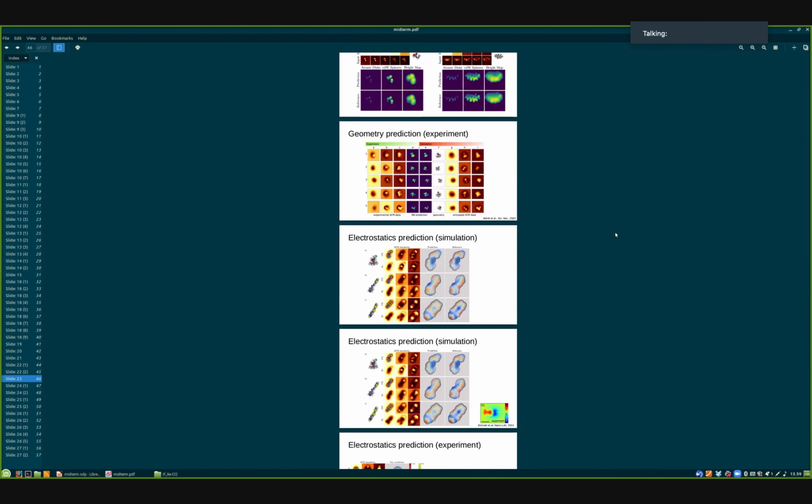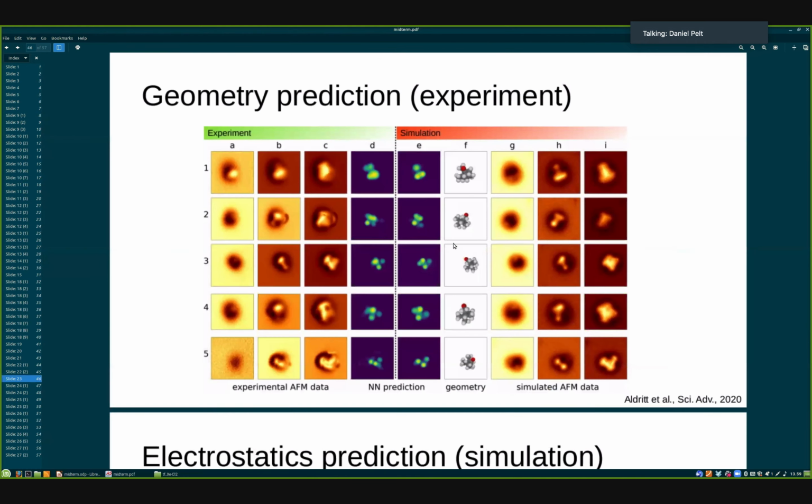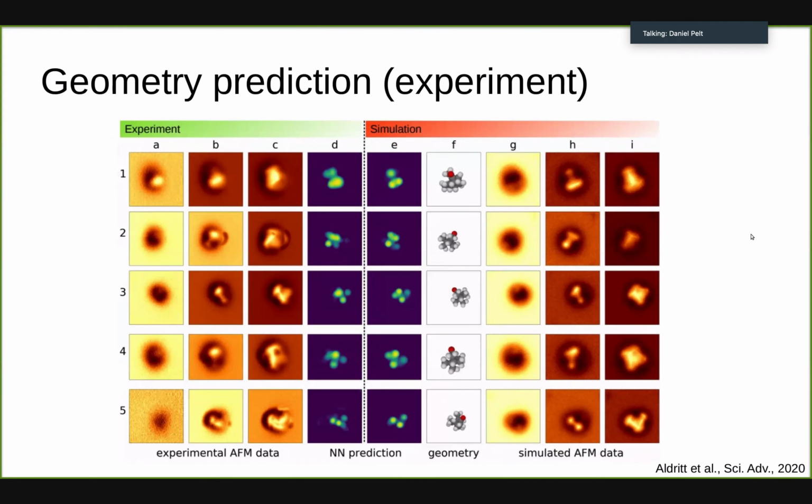Okay, then I guess time for a final question, which is related to these experiments with the real data. Can you go up a little bit just to the slide above? Yeah, that one, the geometry prediction. To me, it's a little bit unclear what you're exactly testing here. What can you conclude from these experiments?